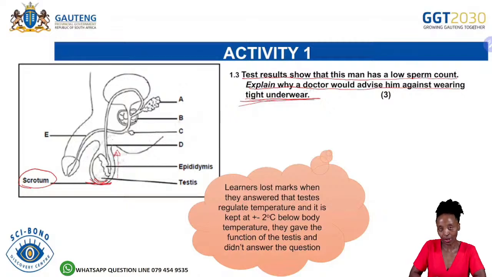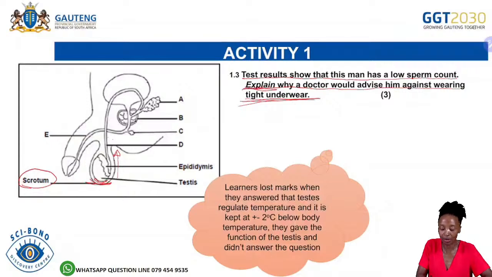So let's look at what is being said here. This was taken from one of the old question papers. Learners lost marks when they answered that testes regulate temperature. What is important here is that the question does not ask you what is the function of the scrotum. It is asking you why he would be advised against wearing tight underwear.